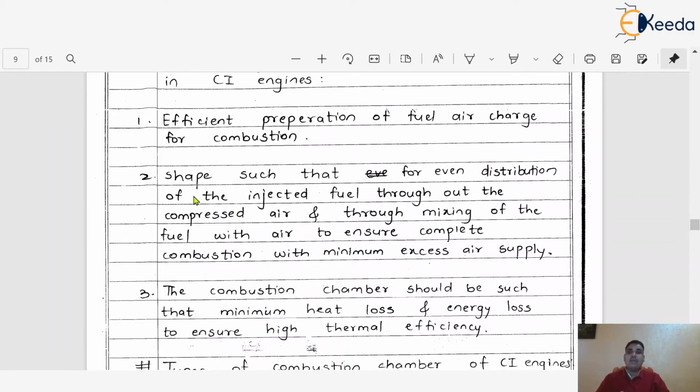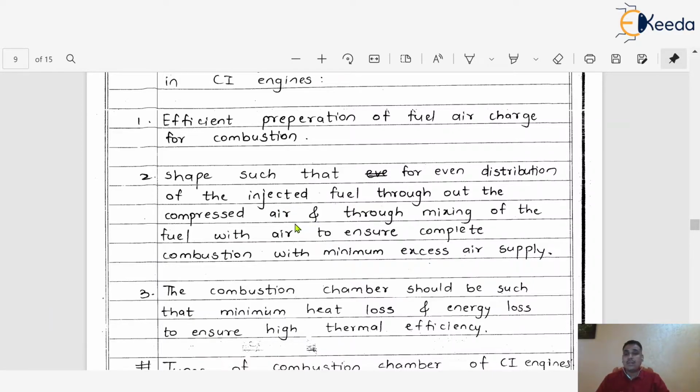The second one is the shape of the combustion chamber, such that there is even distribution of the injected fuel throughout the compressed air, and thorough mixing of the fuel with air to ensure complete combustion with minimum excess air supply. So the shape is very important.